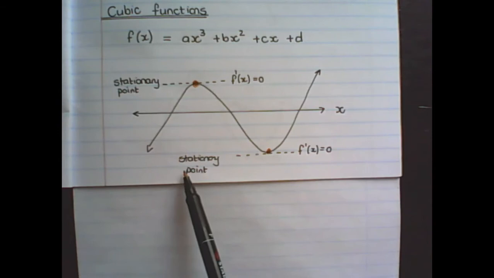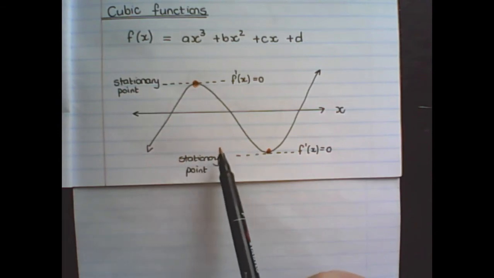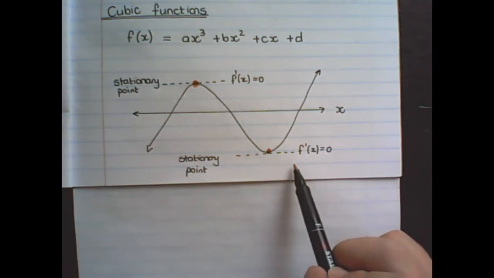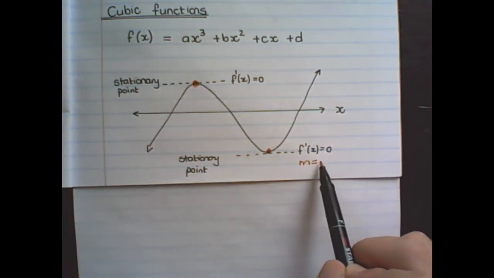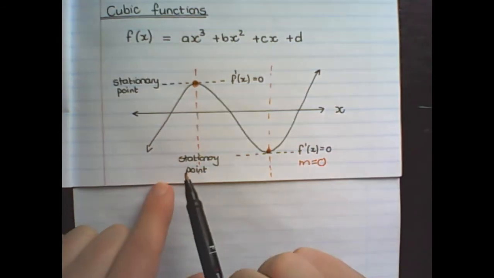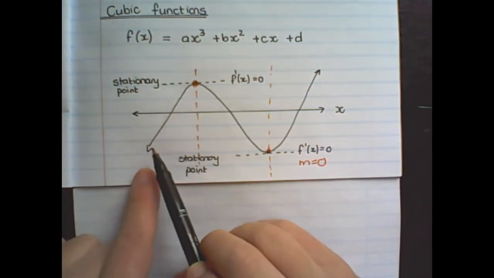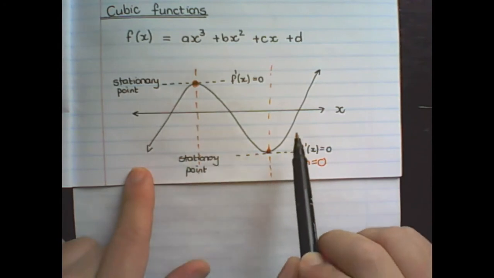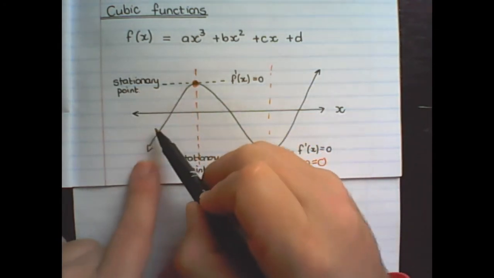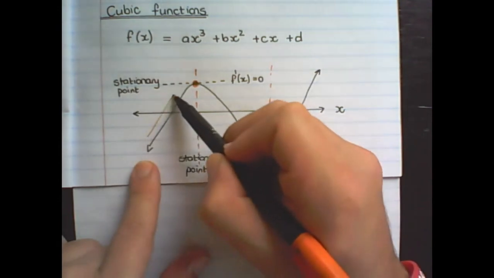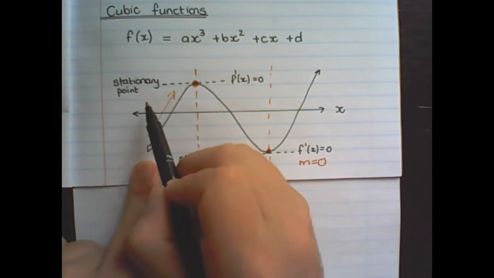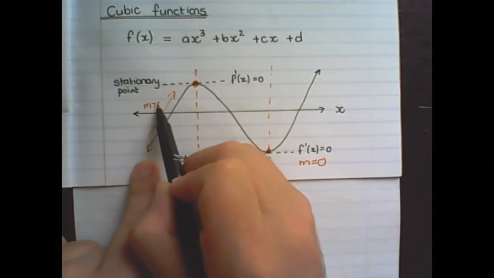So stationary points means there is no movement, there is no rate of change. So if there is no rate of change, the gradient is equal to 0. Now, if I follow the flow from left to right, we can discuss the different gradients. From the left, up until the first stationary point, the gradient is increasing, meaning the gradient would be bigger than 0.